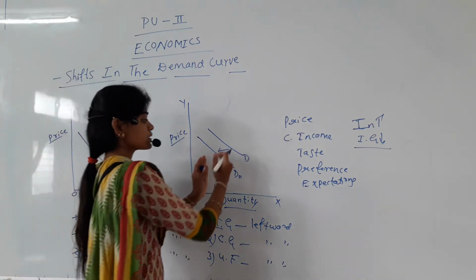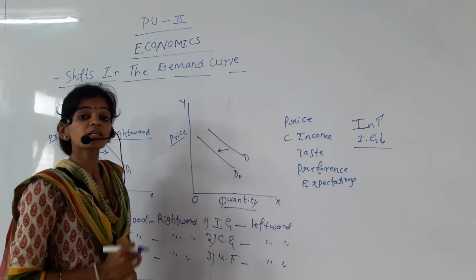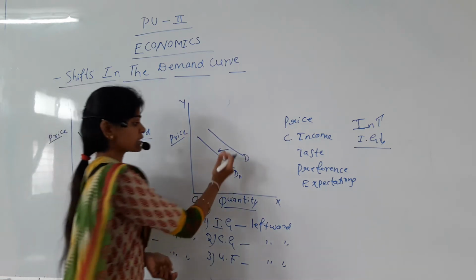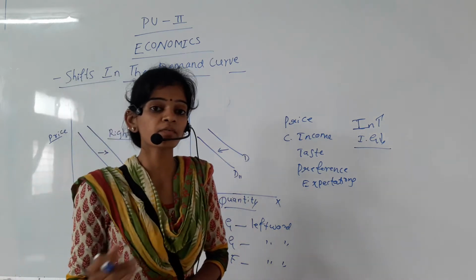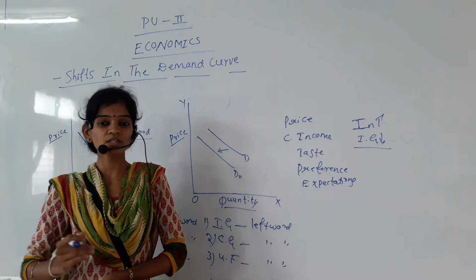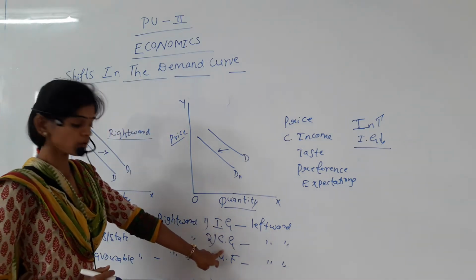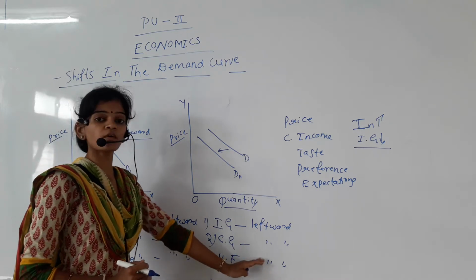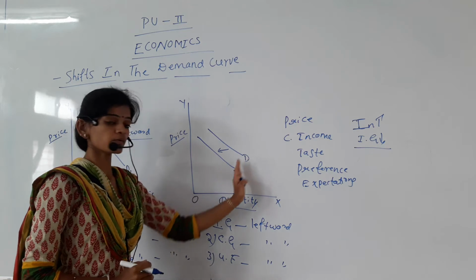But for inferior goods, although income is increasing, demand decreases, because if we have enough money to spend, we prefer better quality goods. So for inferior goods, complementary goods and unfavorable goods, the demand curve shifts leftward, from D to D double dash.